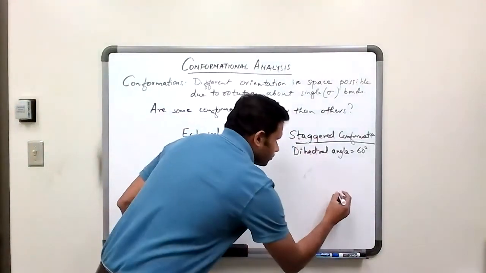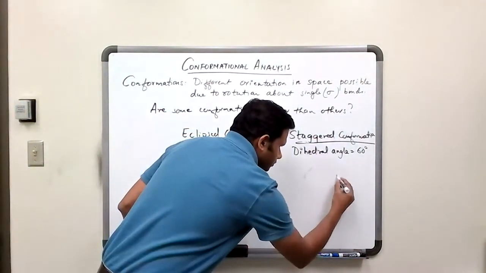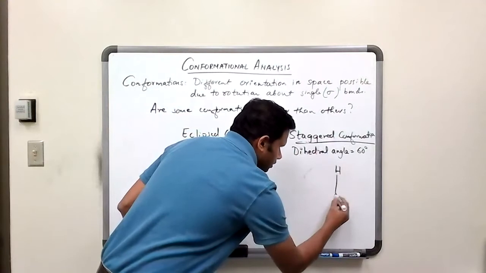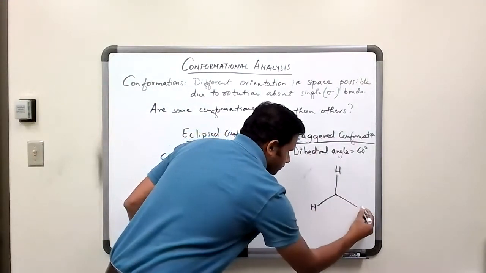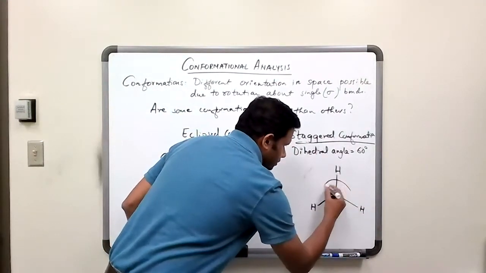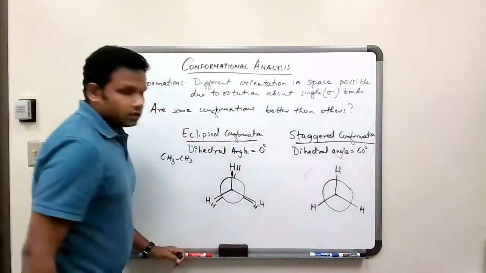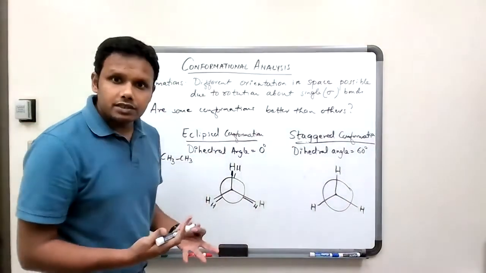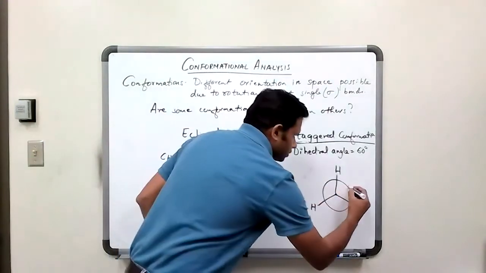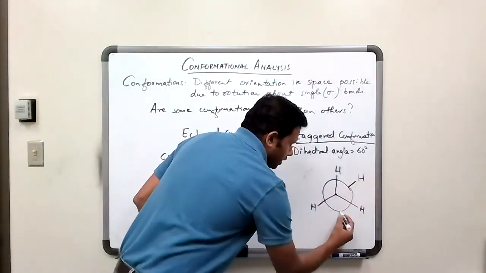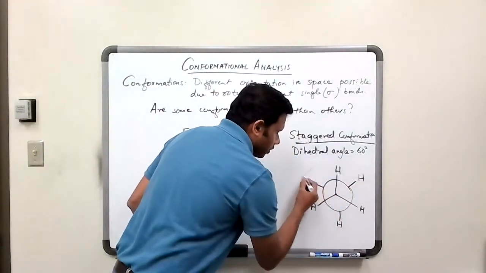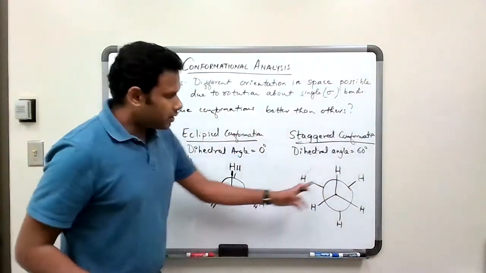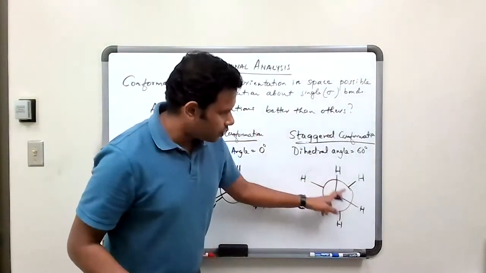A staggered conformation would be where you have hydrogen, hydrogen, and hydrogen, and there is a 60-degree angle between them. So that's when the groups on the back carbon are exactly between the groups on the front carbon.